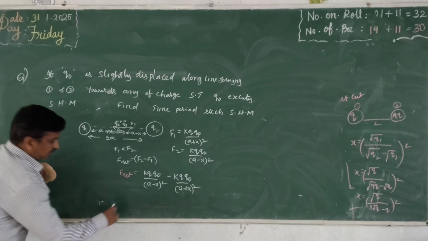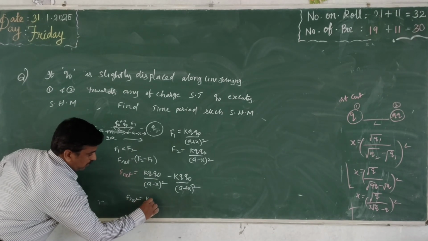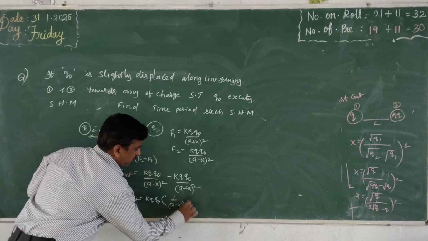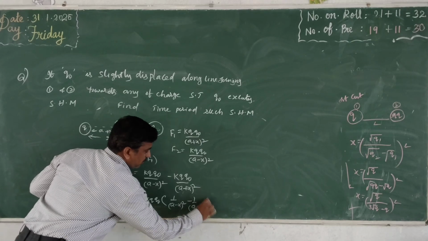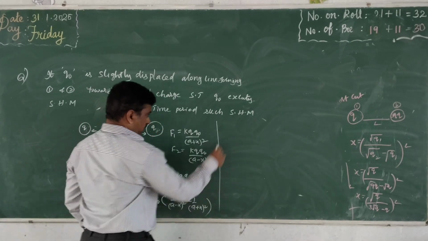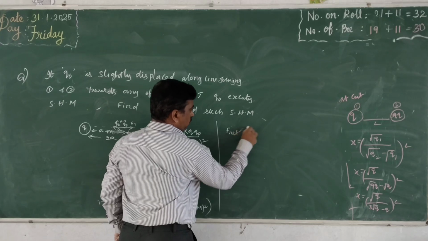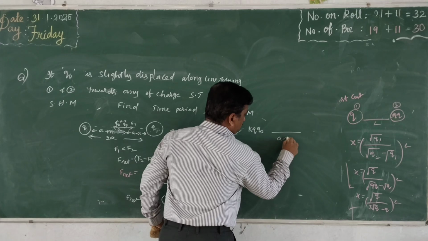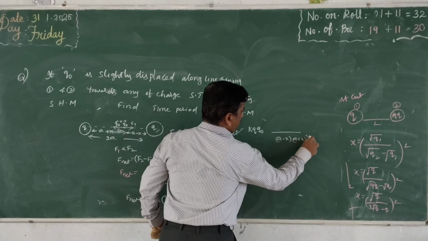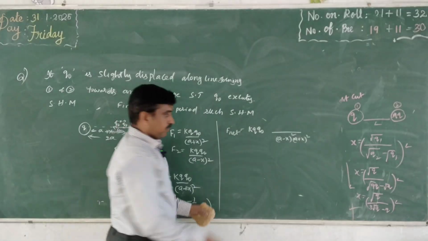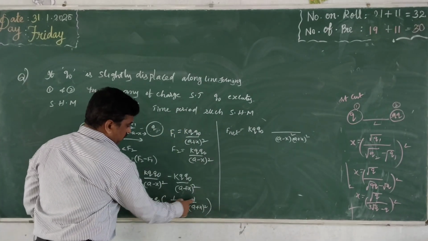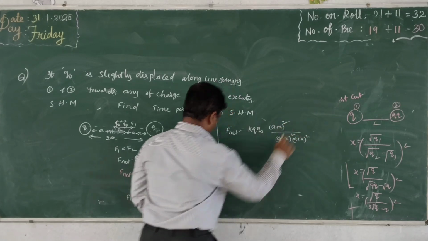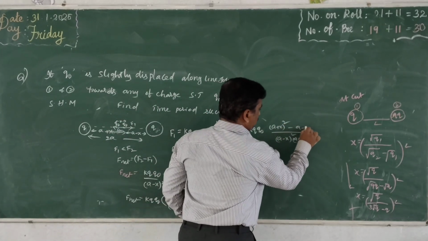Yes, see here F net equal to k q naught, taking it common, we can write 1 by (a minus x) whole square minus 1 by (a plus x) whole square. Taking the LCM and cross multiplying: 1 into (a plus x) whole square minus (a minus x) whole square.